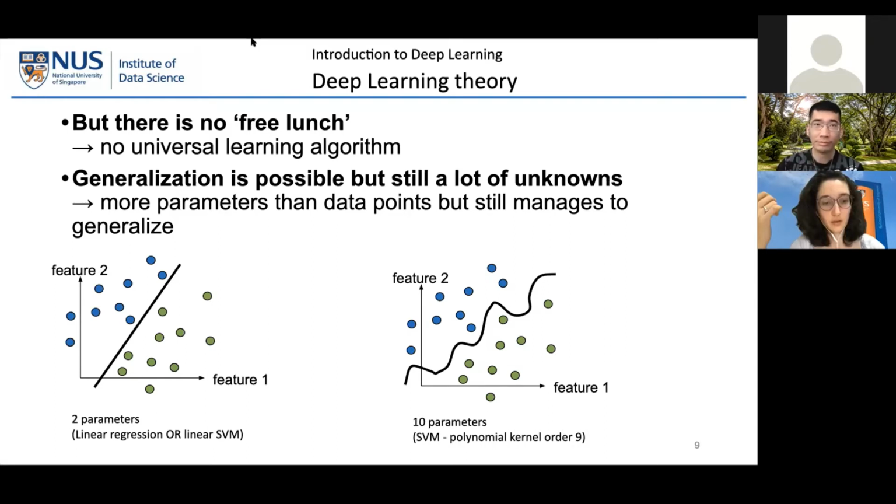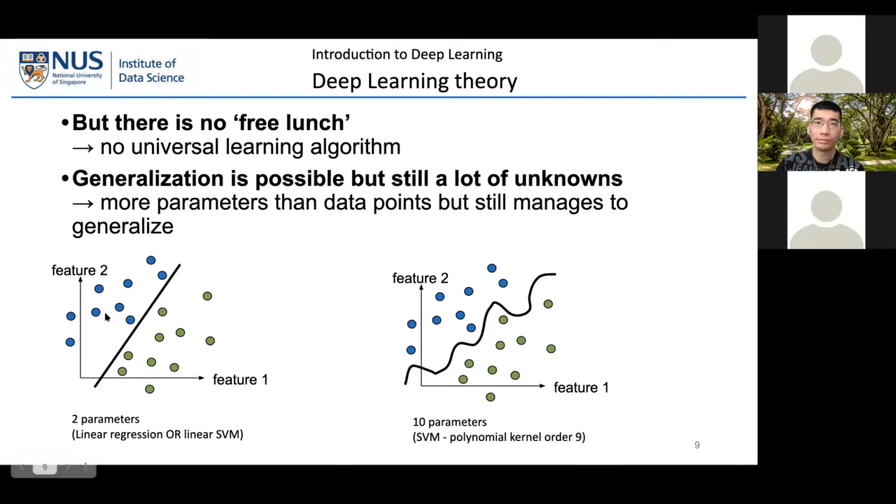So first, here on the left, if we see a linear regression or a linear support vector machine, you have only 2 parameters, for instance. So it's only a line. Then let's say you use SVM with a polynomial kernel of order 9.